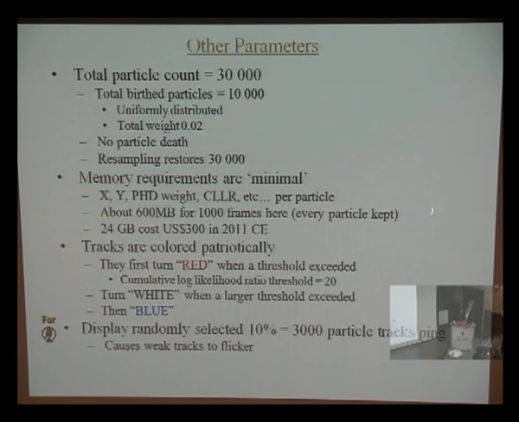Someone in my earshot complained about how much storage this took, and I'll put this comment in. Maybe I should be a little less heavy-handed about it, but I think the memory requirements are not grave. They're not serious at all. In fact, I think they're minimal. What do you have in a problem like this? It's a two-dimensional problem. We have velocity. I think we have velocity in this too, but still.